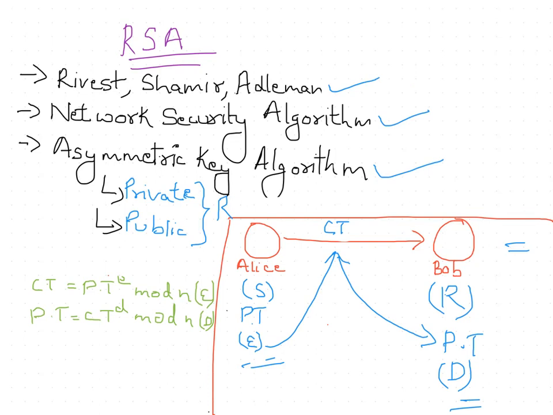Now we know what plain text and ciphertext are, but we do not know what E, D, or N are. Next I'll explain the calculations for E, D, and N.